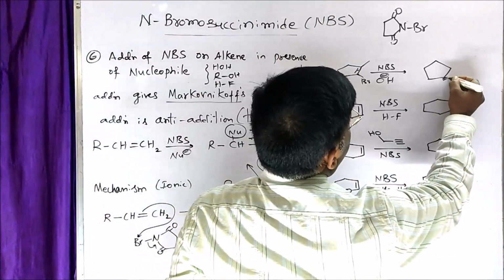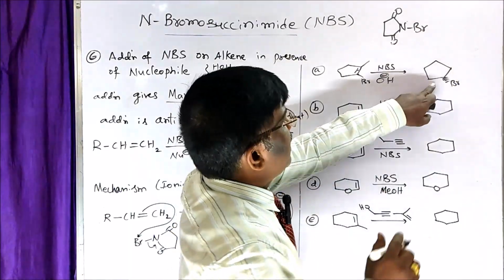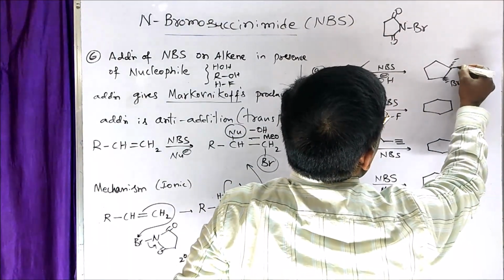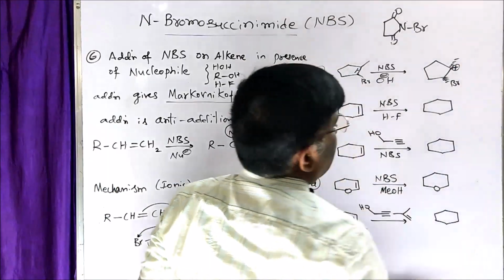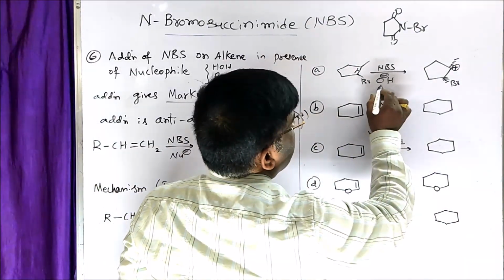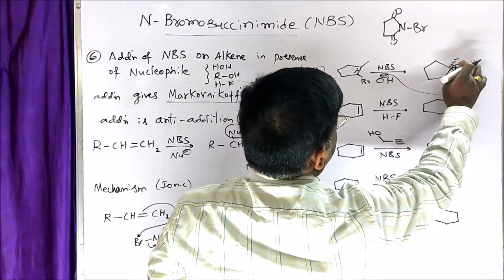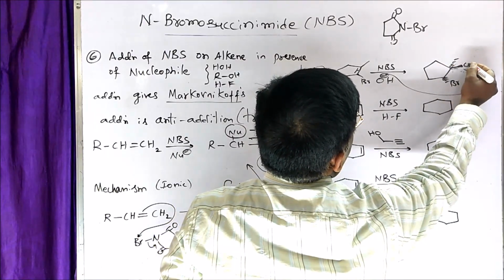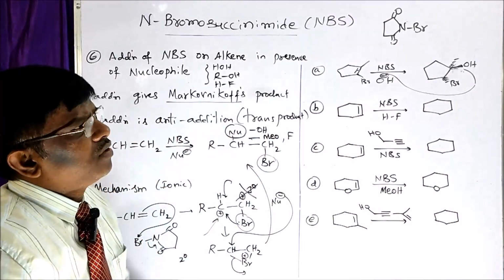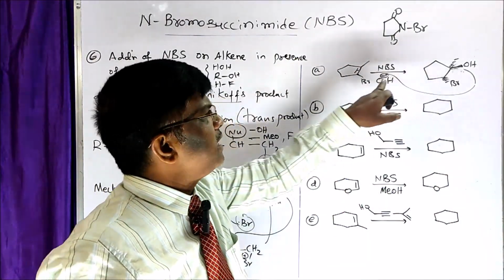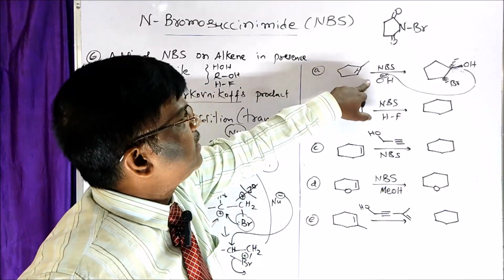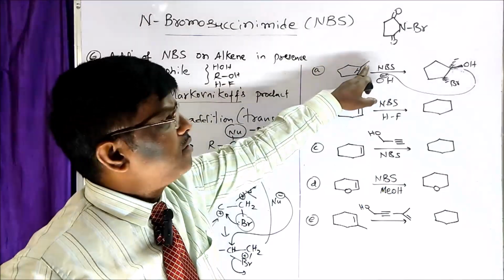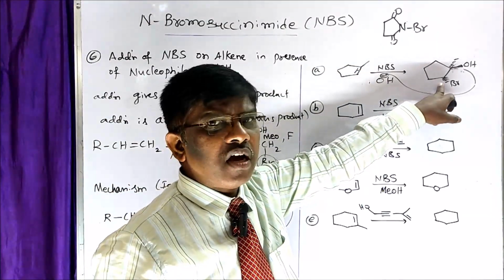So first bromine adds here and gives the carbocation intermediate, and the nucleophile, here it is OH, is going to attack from here, trans to this bromine. So this is the product. It is not going to add at this carbon, because it is the Markovnikov product.